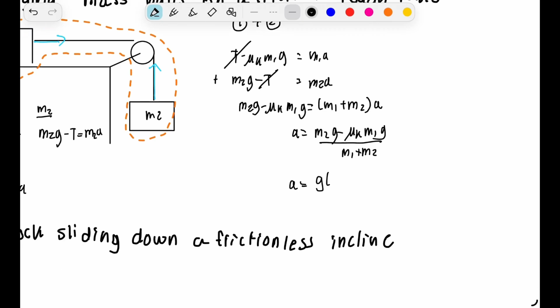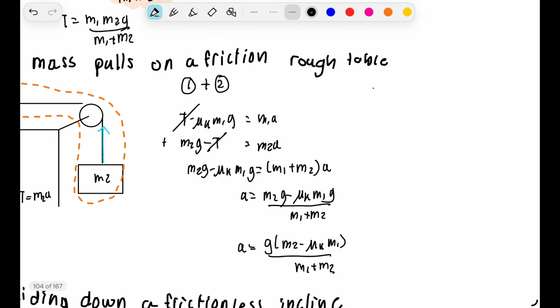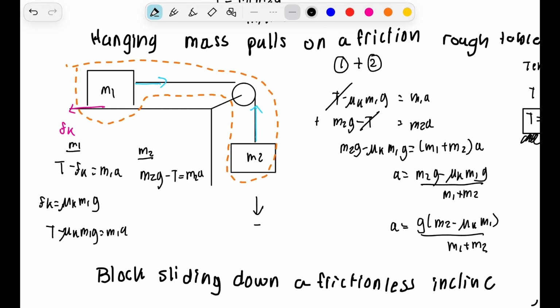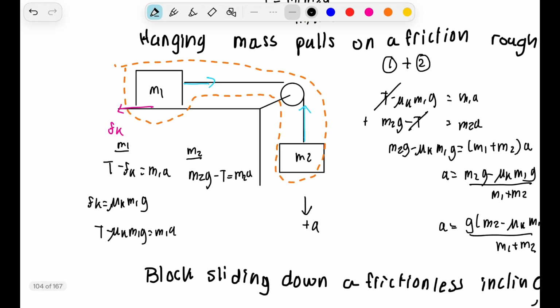You can factor out g if you want to. You have mu k m1 all over m1 plus m2. Now we can also find our tension, so rearranging for just tension. So this is our tension. And we see our hanging weight again is driving the system, but the friction on the block is resisting the motion, which is why it's going to degrade a little bit of M1.